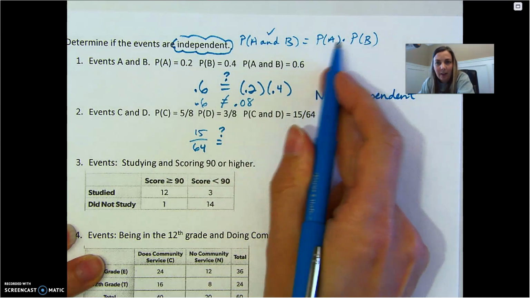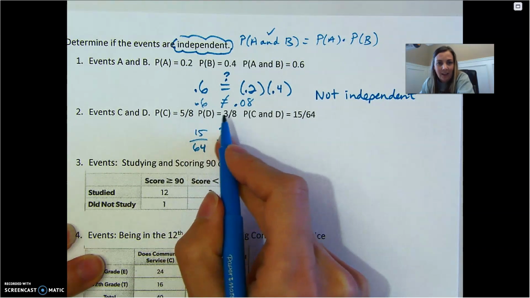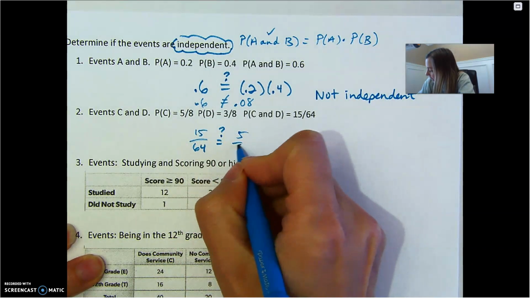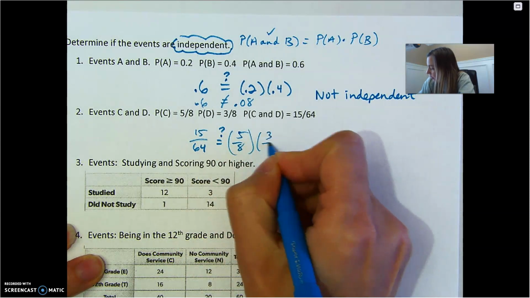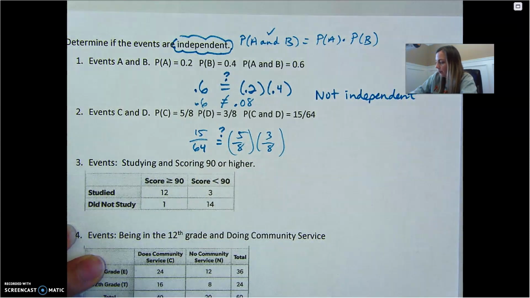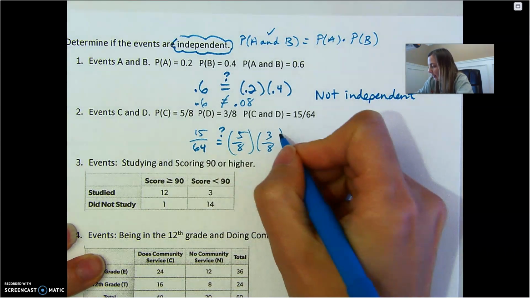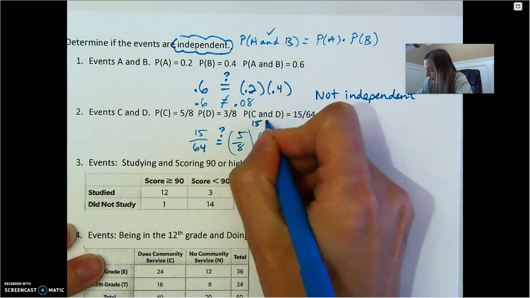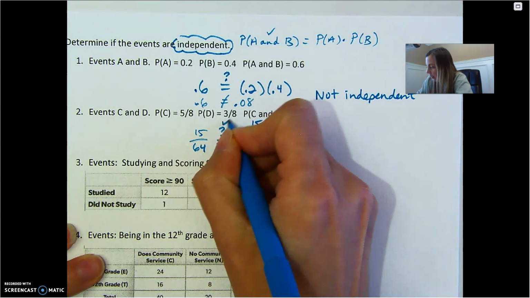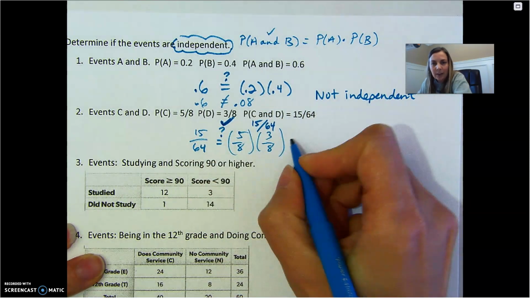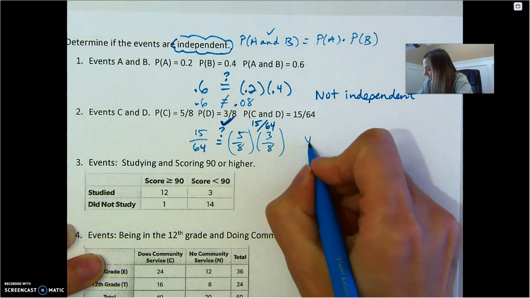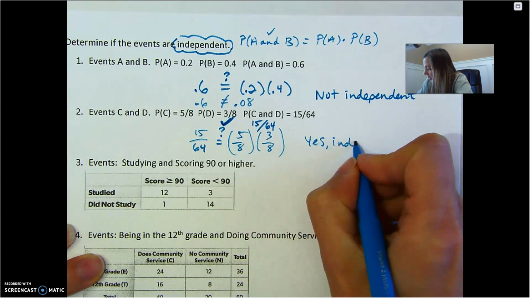Then we multiply these two events together: 5/8 times 3/8. 5 times 3 is 15, 8 times 8 is 64. So this does equal 15 out of 64. Big old check mark. Yay, it works. So for this one, we would say yes, it's independent.